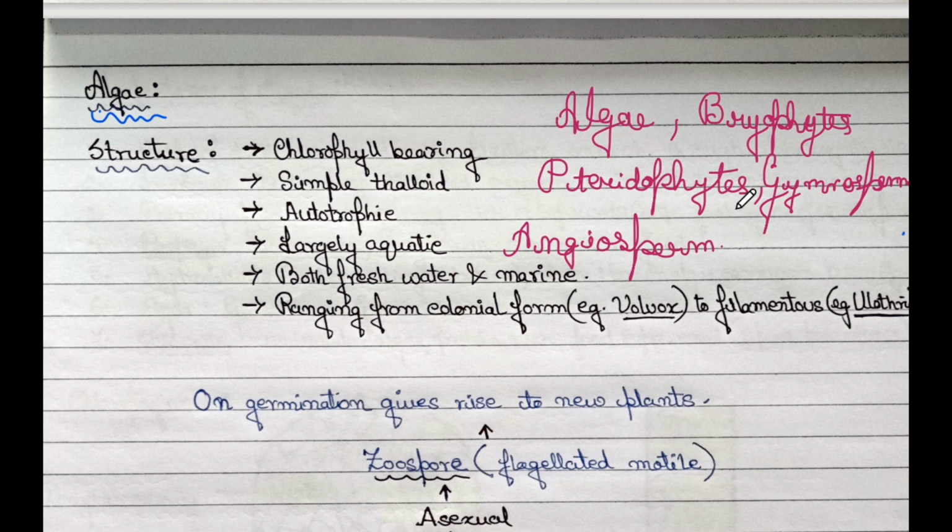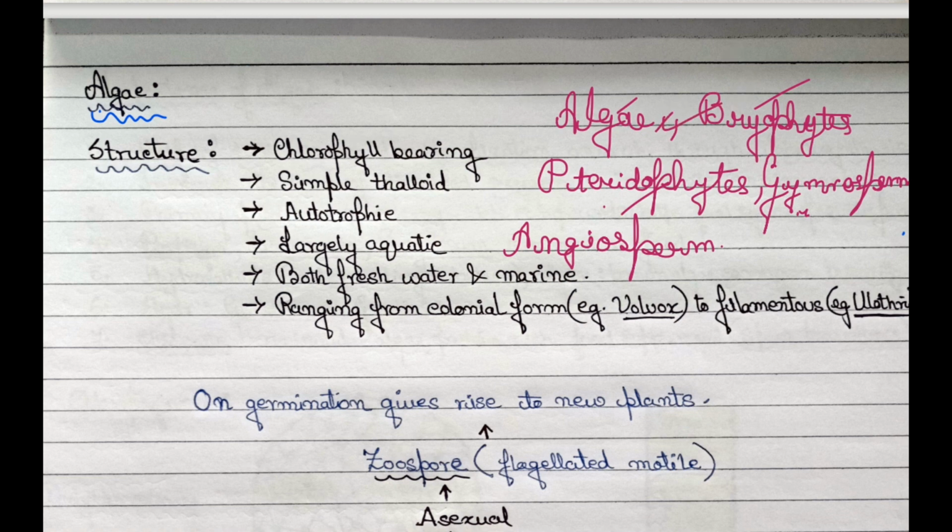Angiosperms are the plants that we mostly see around us, mango, jackfruit. Gymnosperms are mostly the evergreen plants. Pteridophytes are the ferns. Bryophytes are Marchantia, Selaginella, all those things. And algae, we know green algae, red algae, all these are under algae.